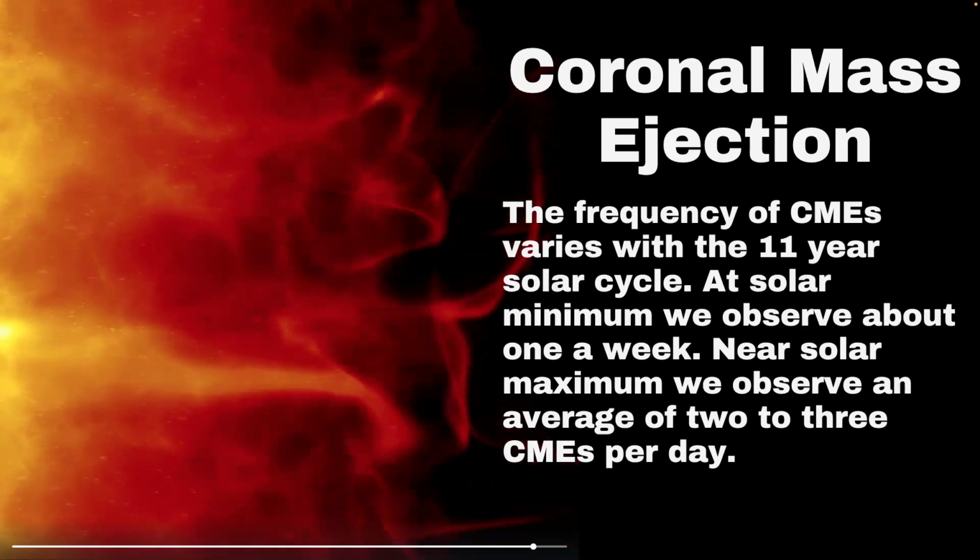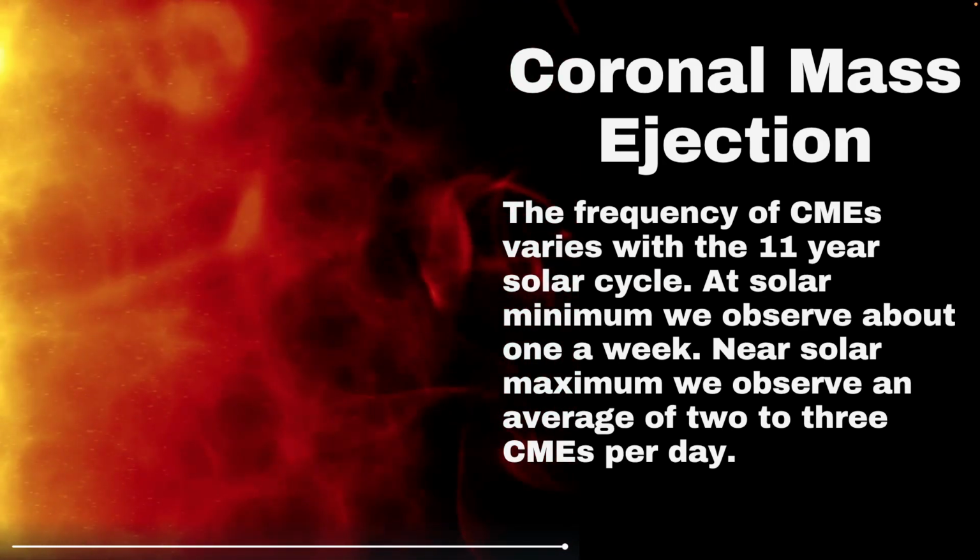At solar minimum we observe about one coronal mass ejection a week, and at solar maximum we observe on average 2 to 3 coronal mass ejections per day. So there is a huge difference between solar minimum and solar maximum.